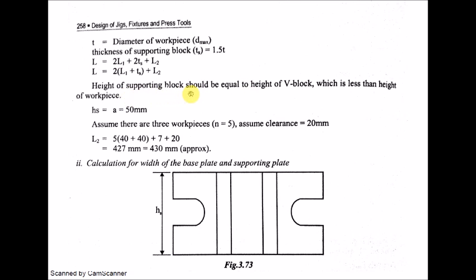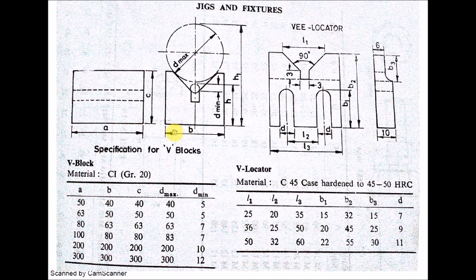So the height of the supporting block should be equal to the height of the V block, which is less than the height of the workpiece. So I repeat, if you see from the other angle, if this is the bottom portion of the V block, then this becomes its length.